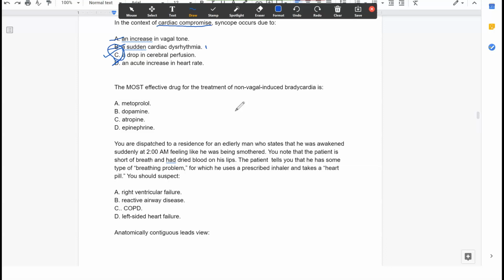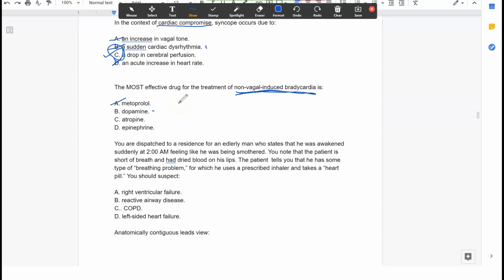The most effective drug for the treatment of non-vago-induced bradycardia. Okay. Metoprolol, that's just going to make it slower. Dopamine, I mean, perhaps. Atropine, I mean, again, perhaps. Epinephrine, again, possibility.